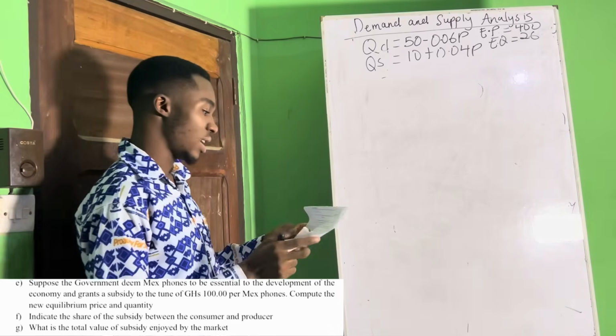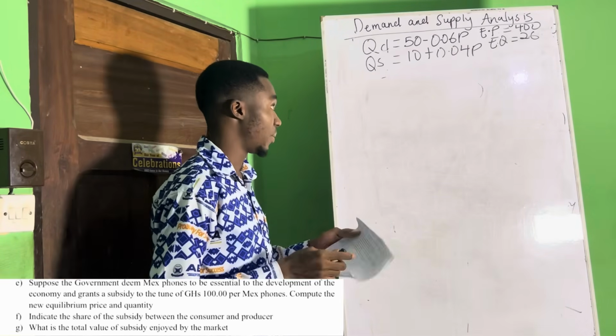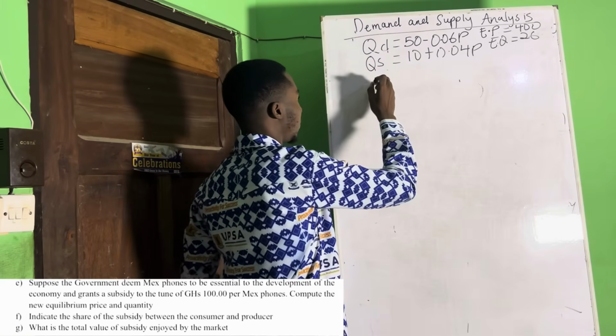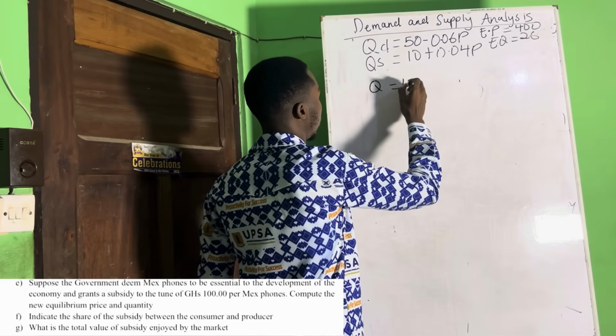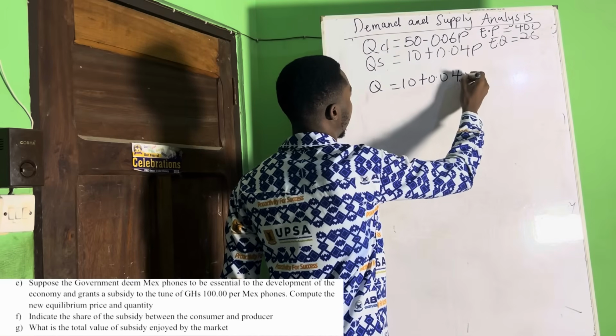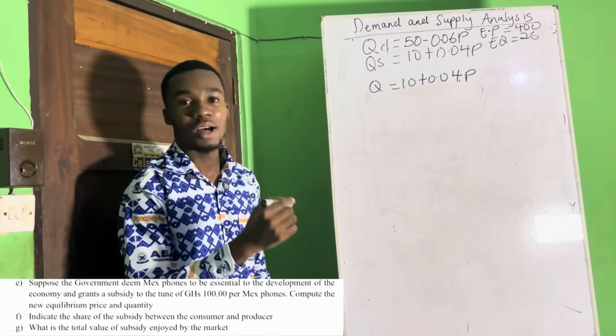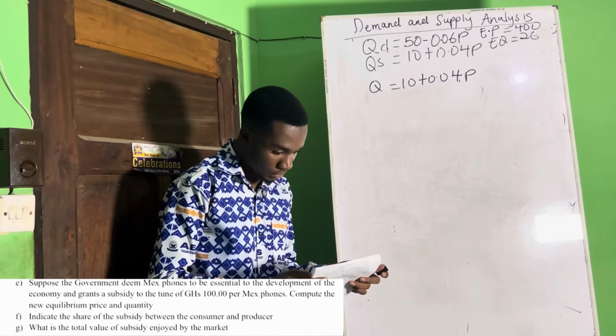So when you see that a subsidy has been introduced, the first thing you have to know is that you add, and that is to the supply function. The original supply function is Q is equal to 10 plus 0.04 P. So this is the supply function, 10 plus 0.04 P. And now they said a subsidy of what?